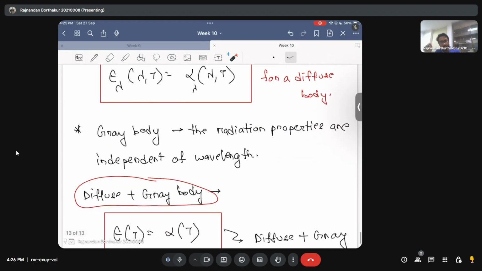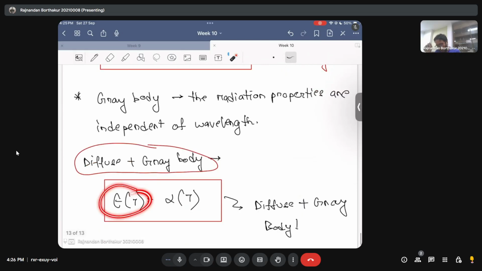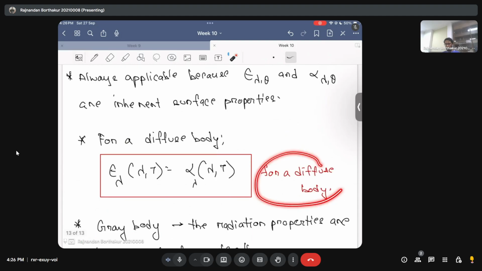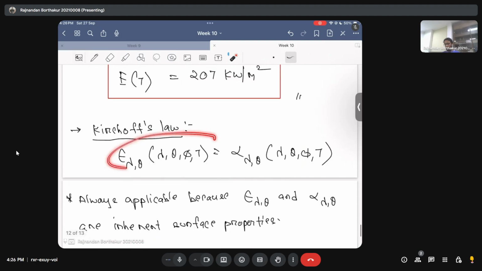And for a gray and a diffuse body, the total hemispherical emissivity is equal to the total hemispherical absorptivity. But remember, this is only true if you have a diffuse and a gray body, and the spectral form is true if you just have a diffuse body. But the first is the most general form of the Kirchhoff law, because it is applicable to an inherent surface only, at a particular wavelength and a particular direction.